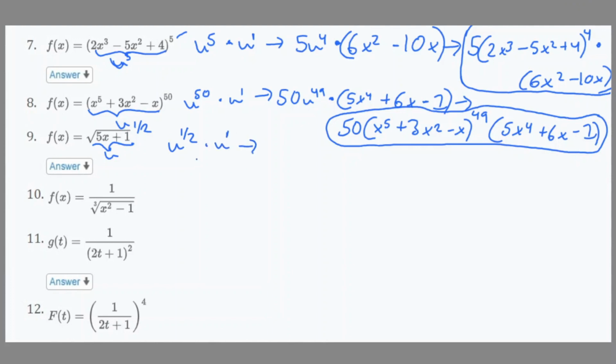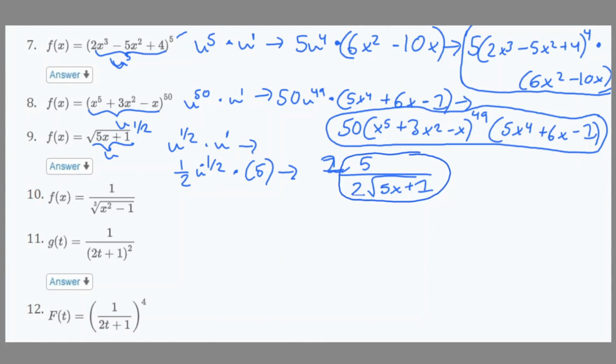So now if we derive it, we would get half u to the negative half power multiplied by u prime, which is going to be just 5. And now if you plug in u, we could actually put 5 on the top, 5 over 2, and this means radical u, which is radical 5x plus 1. And this is our final answer for number 9.